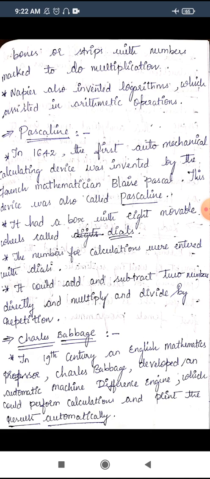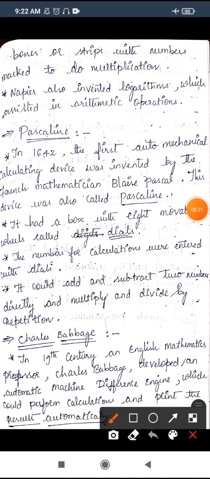Later, these systems could even perform multiplications and divisions, and print the results automatically. Printing of operations was also done by Charles Babbage's automatic machine called the difference engine. So the difference engine can perform the calculations and also print the results.